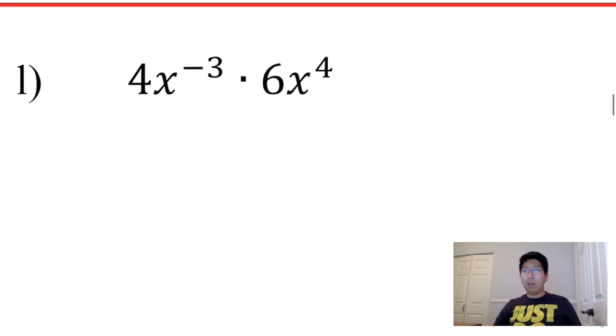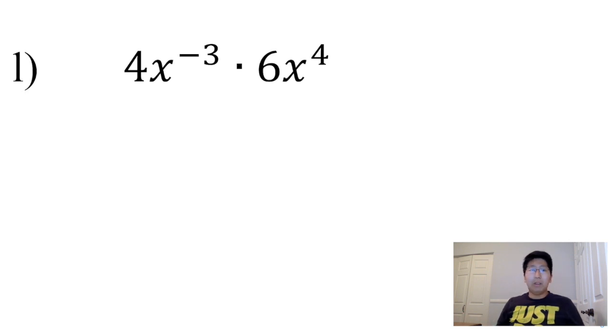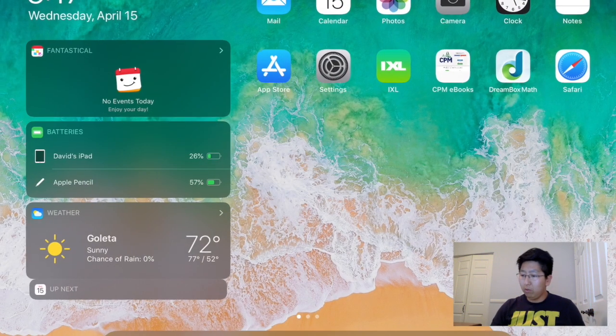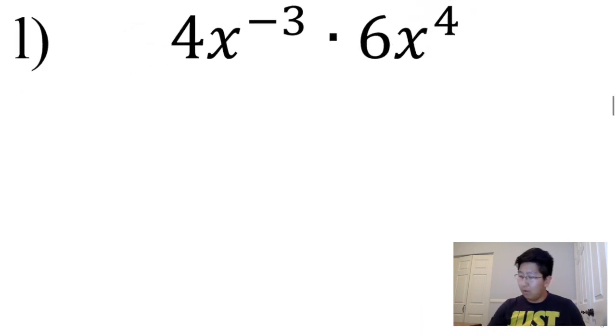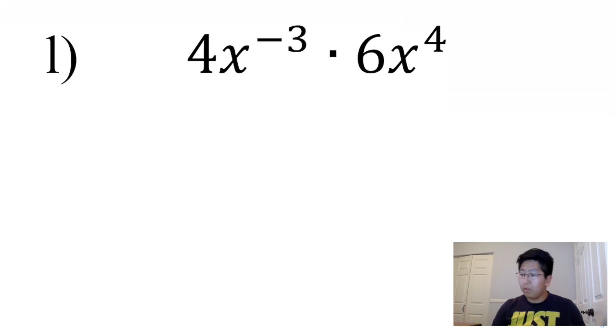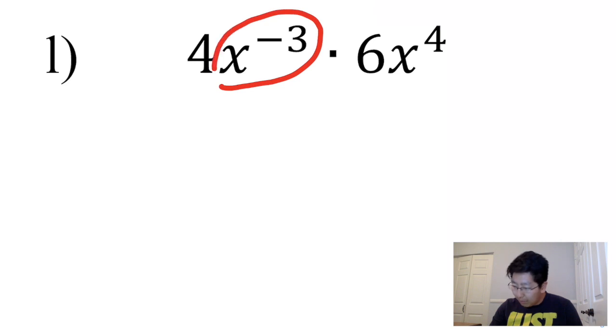Here's our last problem for this first page, and then we're going to move on to the second. Notice here that it says 4x to the negative third. Now, what's the base? I want you to notice that the x is the base of this negative exponent.